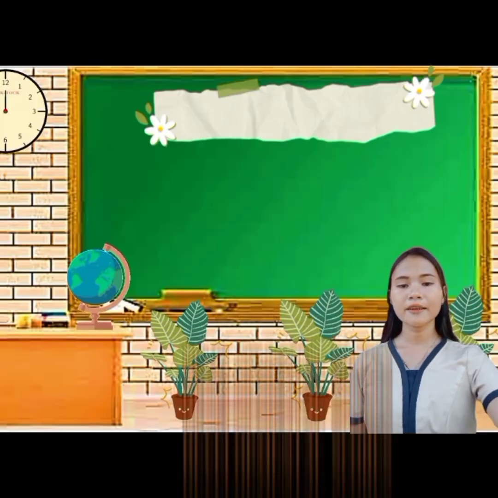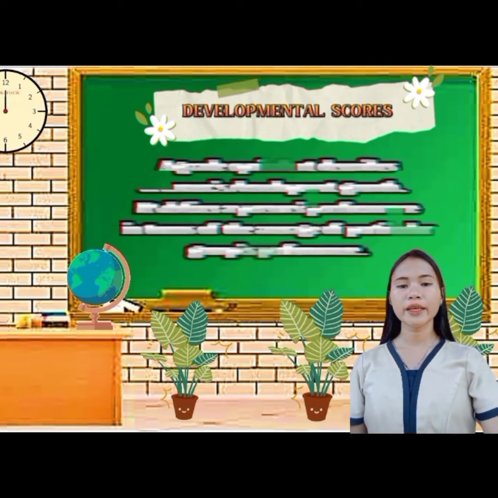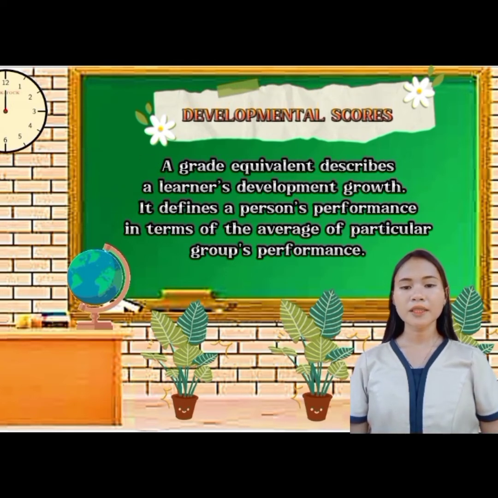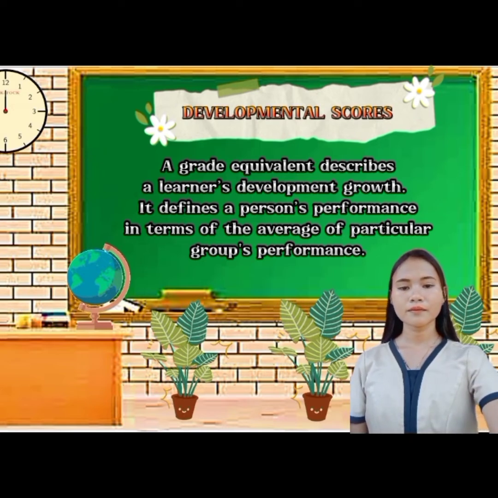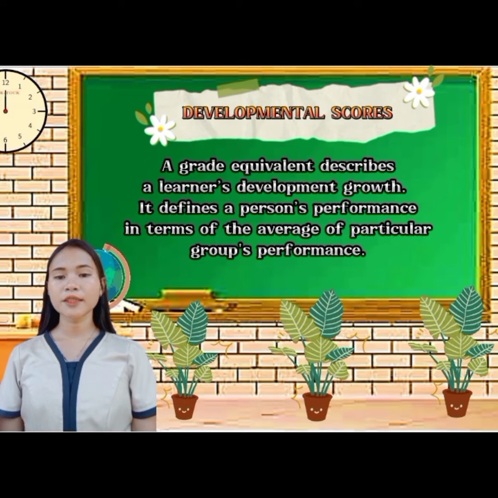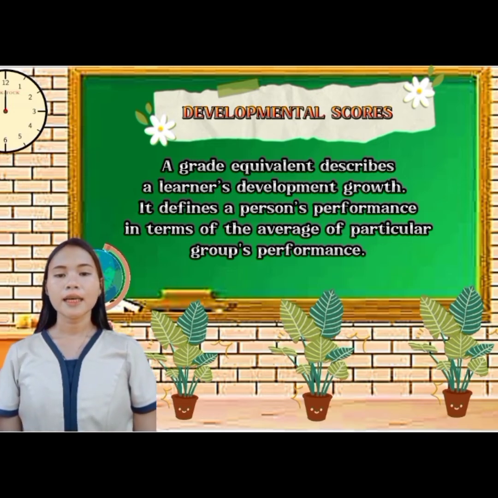The next is the developmental scores. So developmental score is a grade equivalent that describes a learner's developmental growth. It defines a person's performance in terms of the average of a particular group's performance, for example, age equivalent and grade equivalent.